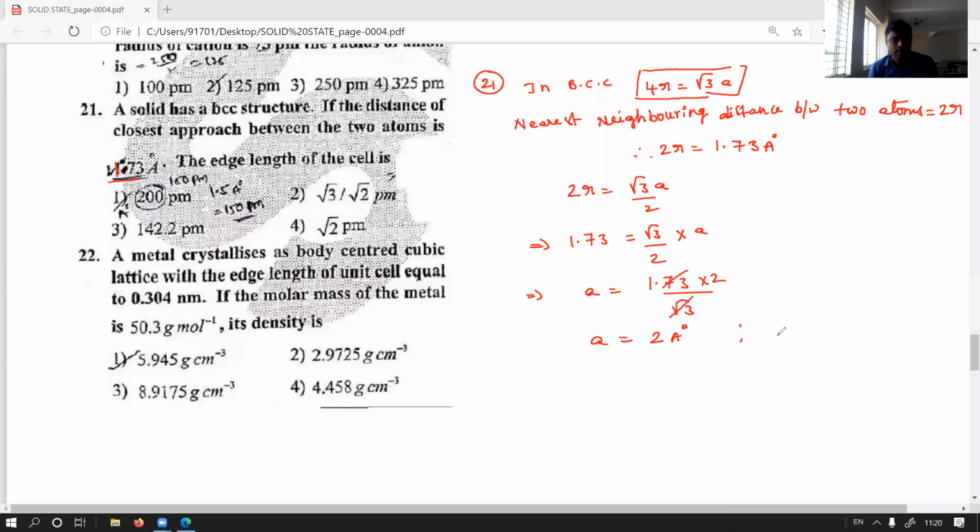And the values they gave are in picometers, and 1 angstrom is equal to 100 picometers. Then A is equal to 2 into 100, which is 200 picometers. Okay, so the correct answer is first one. First option is the correct. Let's see the next, 22nd question.